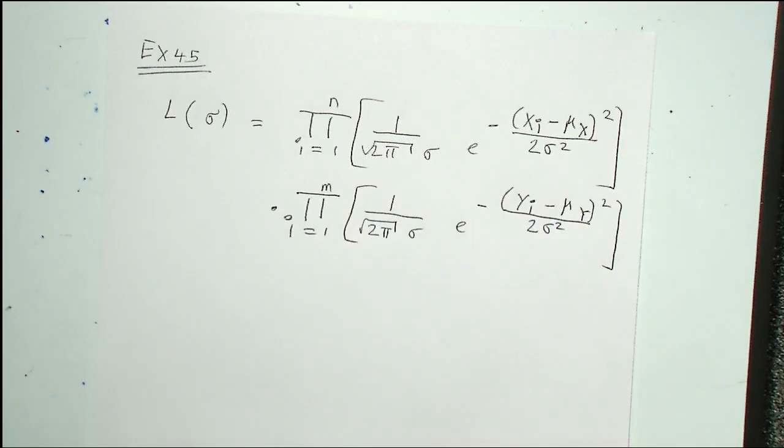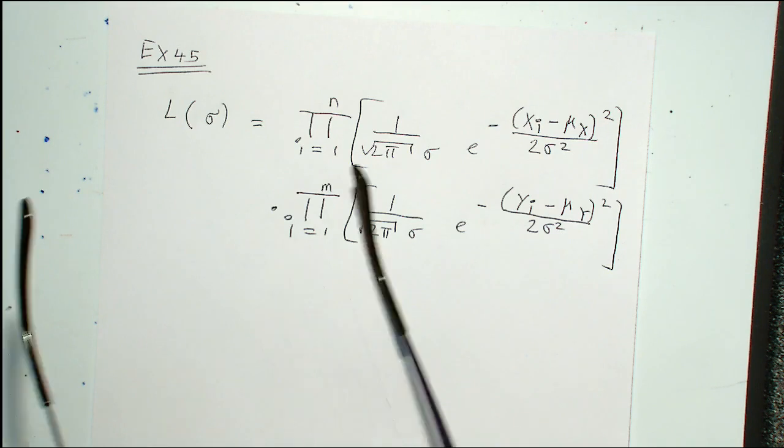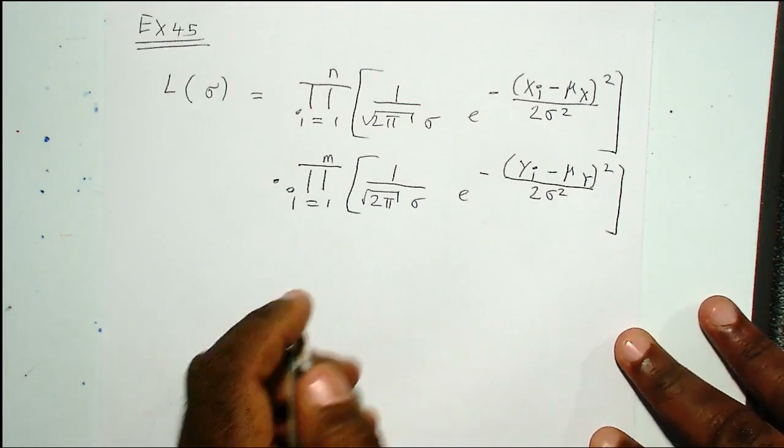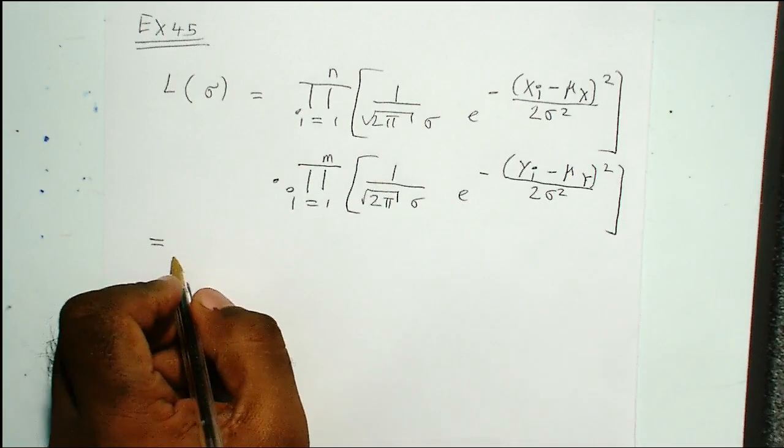Whenever you have more than one sample, the likelihood is written like a product of two products, right? So this product for the first sample, the product for the second sample, and the product of the two. All right. Now simplifying this, you get the following.